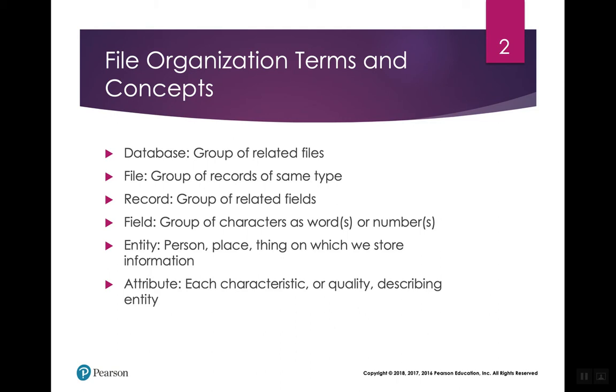We take a bunch of fields and group them together, and it creates a record, which is a group of related fields referring to one thing, a single person. One person would have one record, theoretically. If we group all those records together and store them, we create a file. And if we have multiple files and group them together, we call that a database. So that's the hierarchy, top down.